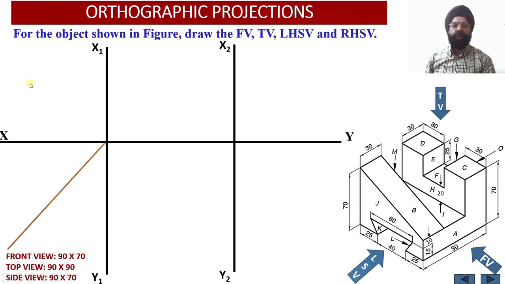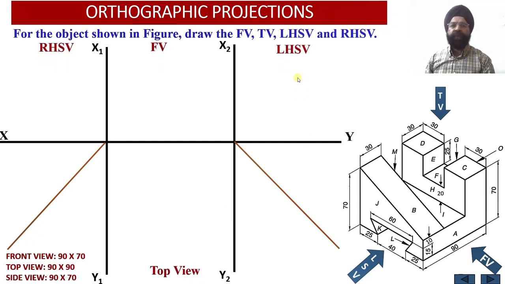When we have to draw the right hand side view and the left hand side view, we need to draw the transfer lines over here so that the distances from the top view can be appropriately transferred onto the right hand side view as well as the left hand side view.